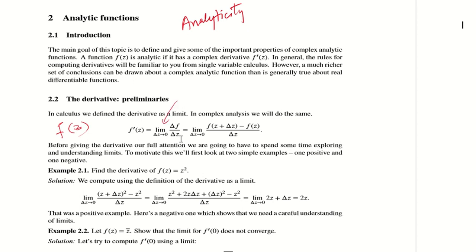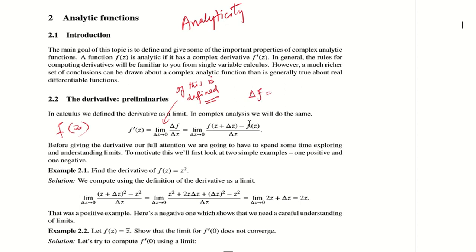If this is defined, it means it's not infinite, and it is defined as a limit. First, let me tell you what delta f means. Delta f is a small increment in the function itself.